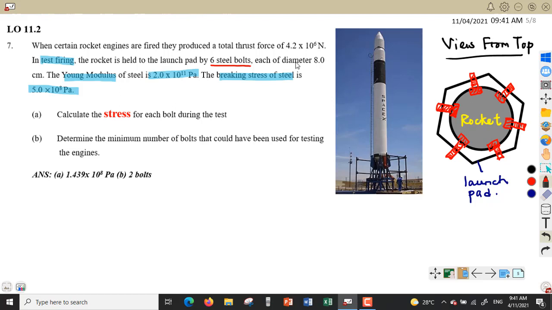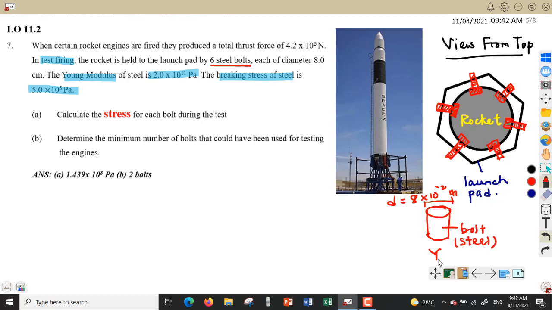So, the diameter of each bolt. So, saya gambarkan dekat bawah ni. So, skru kita tu, this is the bolt. So, the diameter of the bolt is 8 × 10^-2 meter. So, this bolt is made of steel.